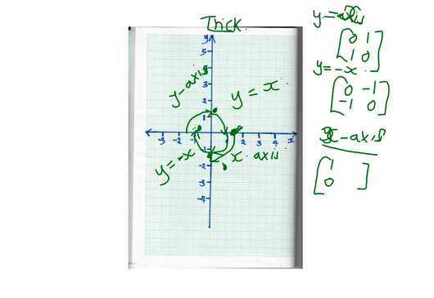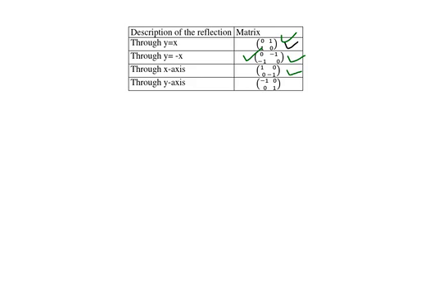So we move to this coordinate, which is 0, -1. We can check for the x-axis if the matrix of transformation is 1, 0, 0, -1, and that is true.